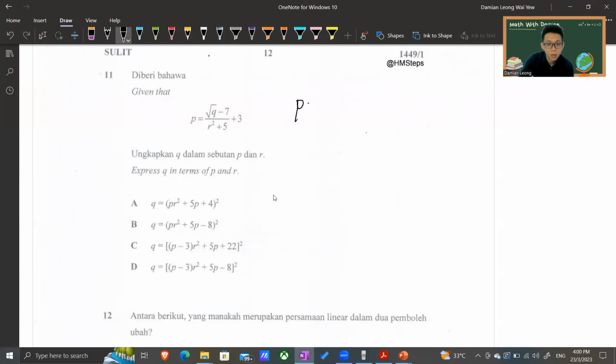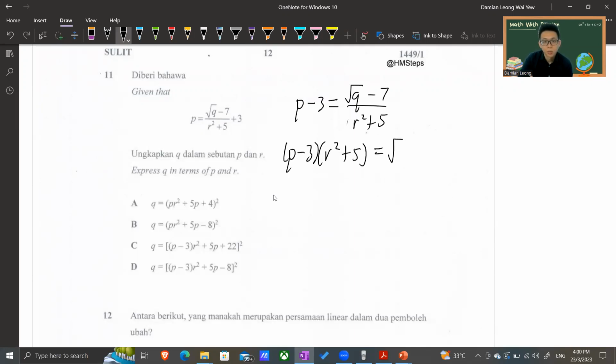Bring over plus, opposite minus. Square root of Q minus 7 over R squared plus 5. Get rid of the fraction. Bring up. So it's P minus 3 times R squared plus 5. It's the whole thing multiplied, so make sure you put brackets.